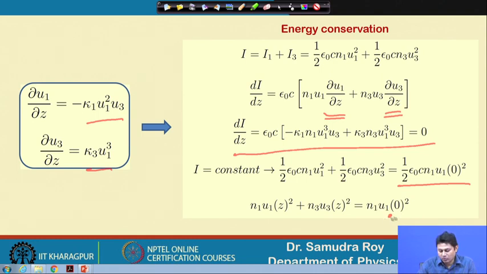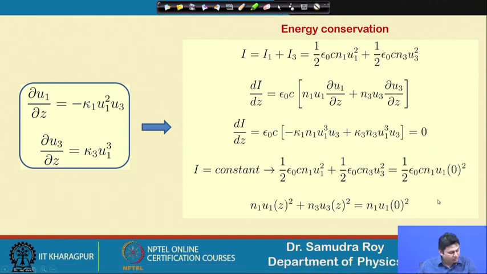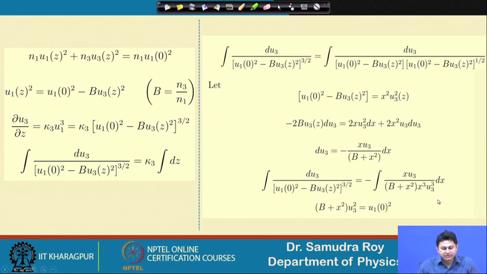This is an additional relation which helps us to solve this coupled differential equation. Let us try to find out how to solve it and what kind of expression we have for the evolution of the third harmonic under pump depletion.